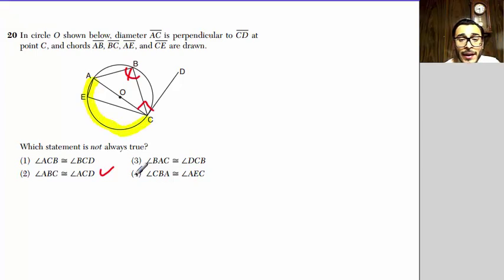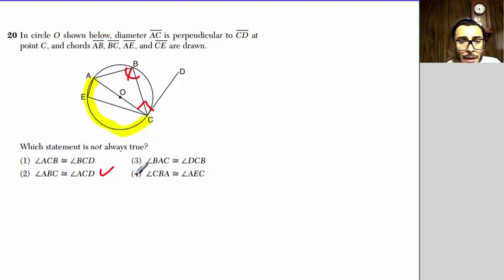And you know that arc AEC is 180 degrees because of that diameter there. So ACD is 90, angle ABC is 90, right? 90 is half of 180. And by the way, anytime you have an inscribed angle that intercepts a diameter like that, that's automatically 90.